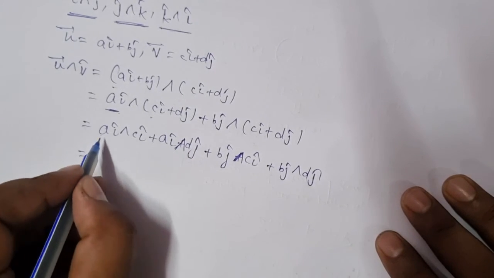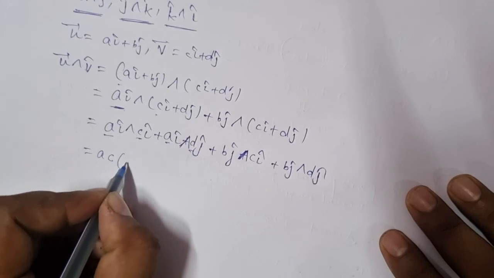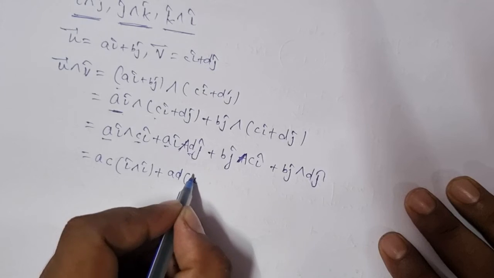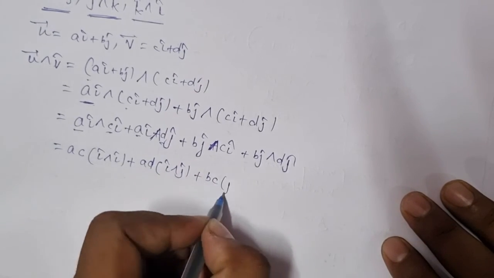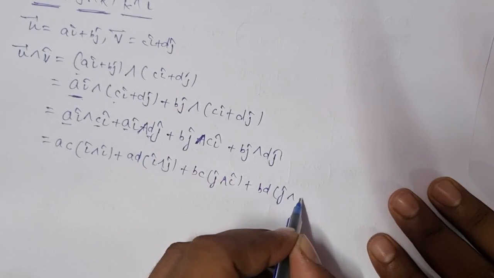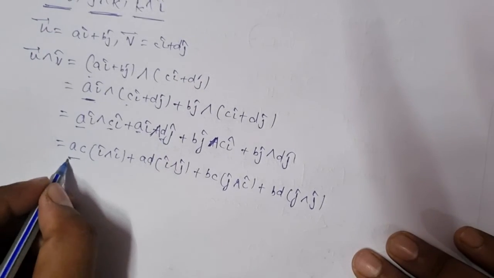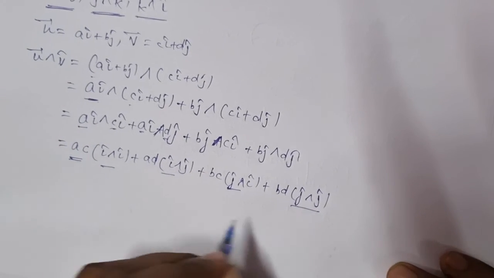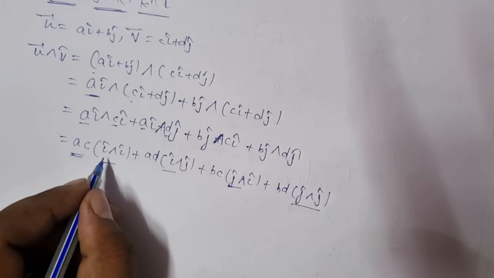You can take the constant terms out. So here we write ac (i wedge i) plus ad (i wedge j) plus bc (j wedge i) plus bd (j wedge j). We have taken the coefficient terms outside, and in the brackets we have all bivectors. I wedge i means the area of the parallelogram made up by vectors i and i.